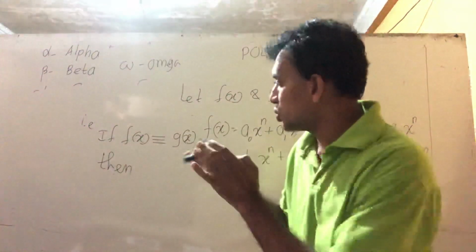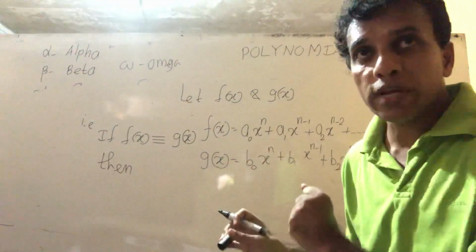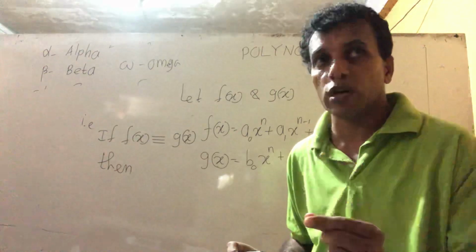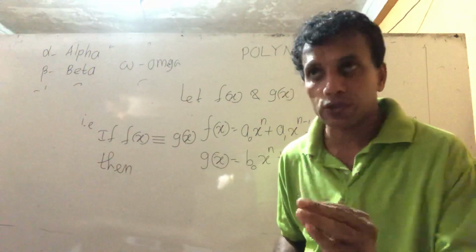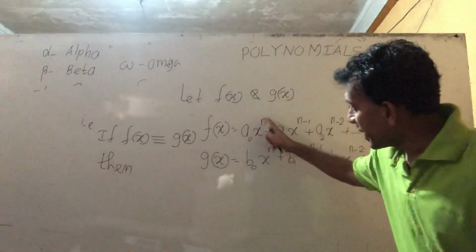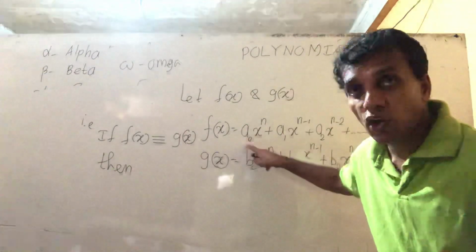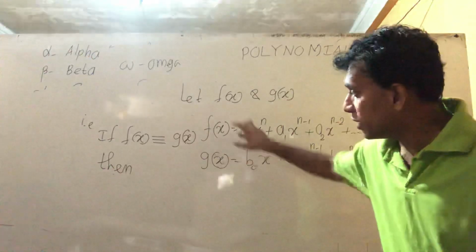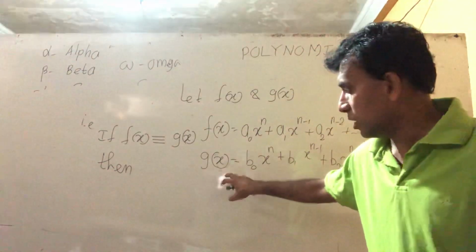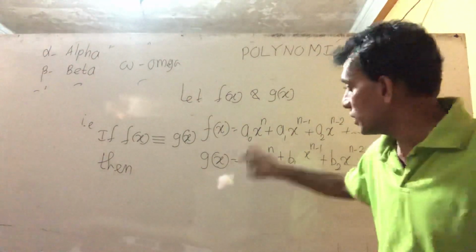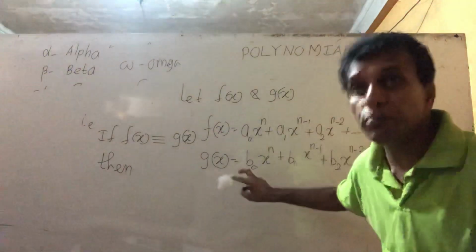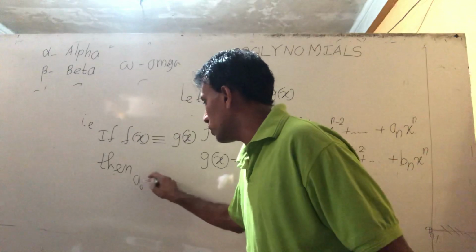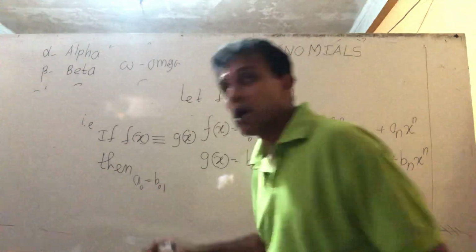If these polynomials are identical, their corresponding coefficients are equal. Coefficient means the number values. That means, see, the coefficient of x to the power n is a naught here, and b naught here. Therefore, if f of x and g of x are both identical, then a naught equals b naught, right? A naught equals b naught.